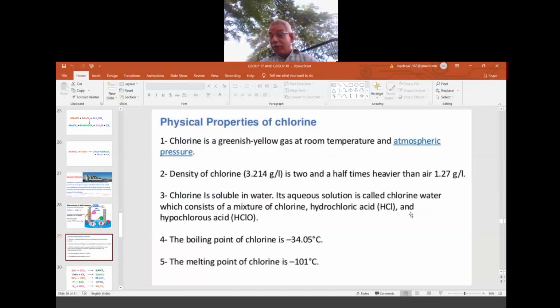Now properties. First physical, which is brief, and the main properties are chemical properties, because from the chemical properties we get different products, and if they are useful in our everyday life, we use them. Chlorine is greenish yellow at room temperature, at NTP, with density and all those data. Chlorine is soluble in water.